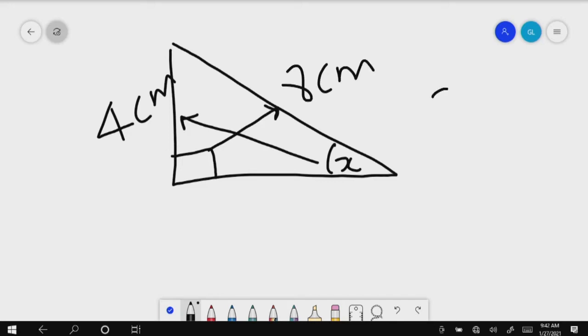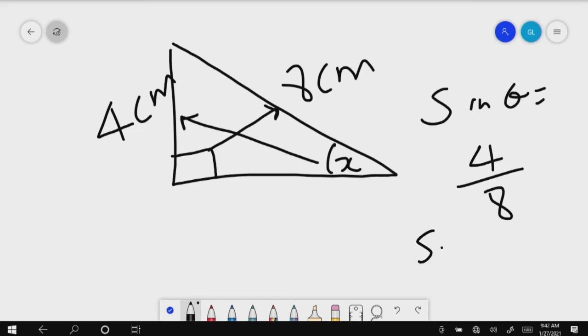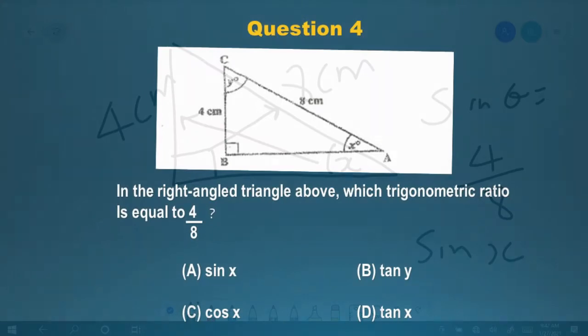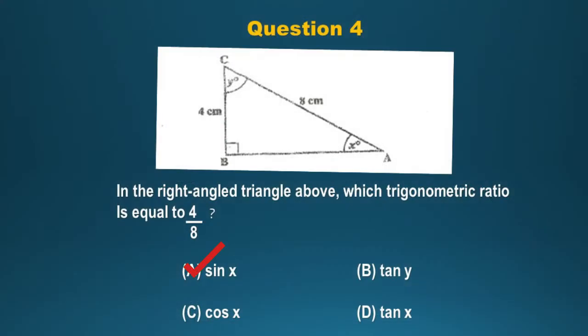In writing this, it would be sine theta is equal to 4 upon 8. So which ratio are we looking for? It's sine x, and that's our solution. So our answer here is A.